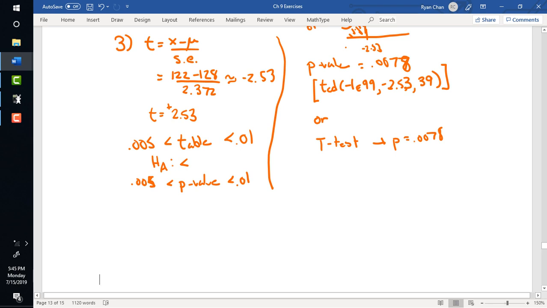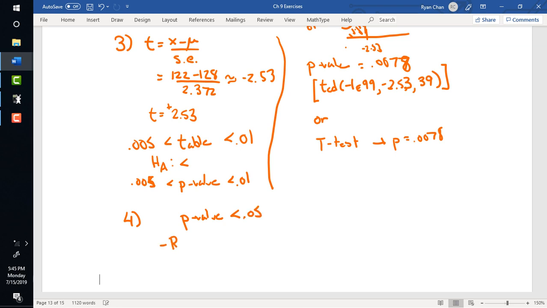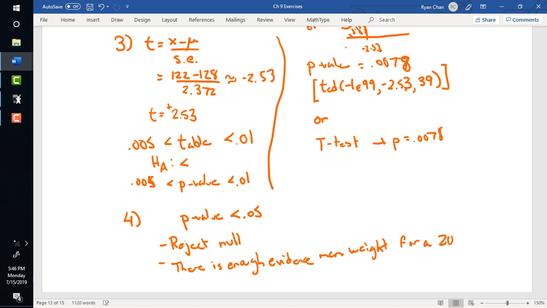I'm not going to write the whole screen down, but make sure you do that, okay? So what do we notice? My p-value is less than 0.05. So that means we reject null. And then we say there is enough evidence mean weight for a 20-year-old vegetarian.